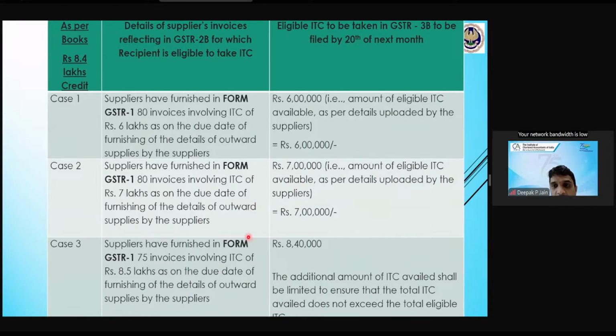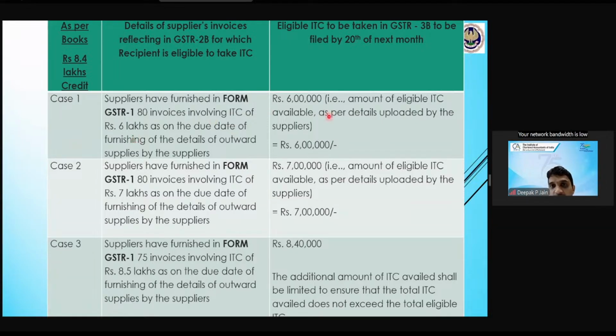Let's take this example to understand this, how it will happen. As per books of accounts, 8.4 is the credit which is available. In case 1, supplier has furnished form GSTR1 for 80 invoices involving ITC of rupees 6 lakhs. So how much can you claim?